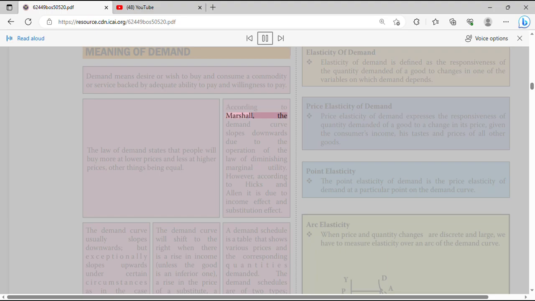According to Marshall, the demand curve slopes downwards due to the operation of the law of diminishing marginal utility. However, according to Hicks and Allen, it is due to income effect and substitution effect.